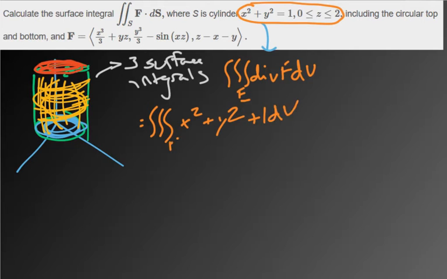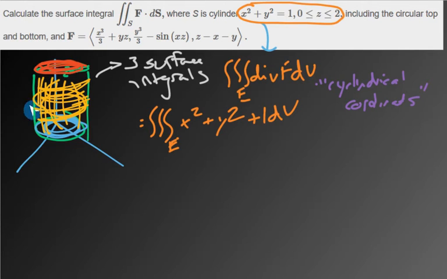And now we're back in a chapter 15 kind of setting, and we solve this the way we solved a problem like this back in chapter 15. So I would personally switch to cylindrical coordinates.